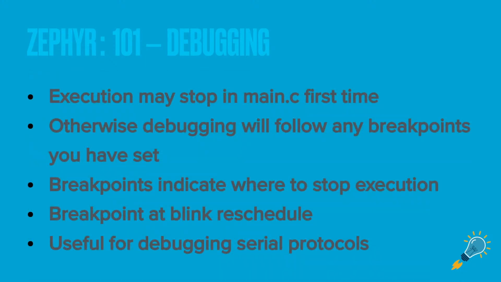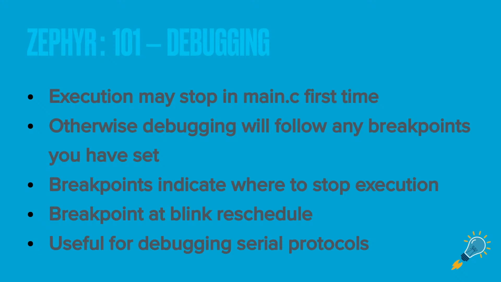The biggest thing is that when you first set it up and start running, your execution may stop, or you may have to set some breakpoints to actually see what's going on. It might also just continue running once you start it. It really depends on your situation. Otherwise, if you have breakpoints set, the debugging will use those breakpoints.